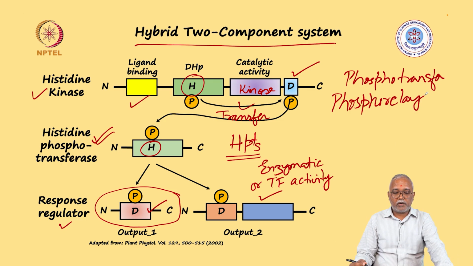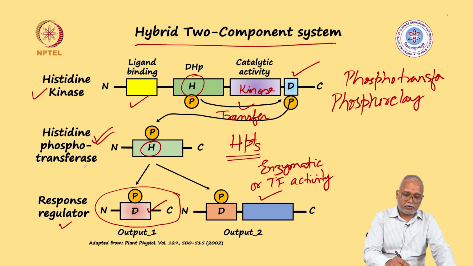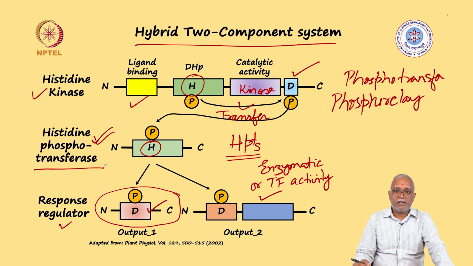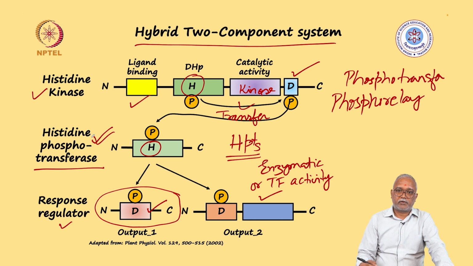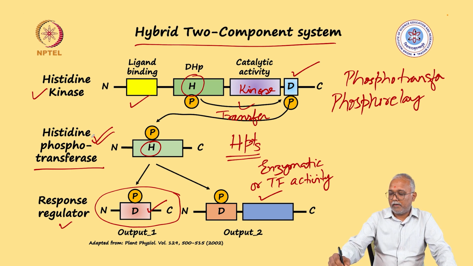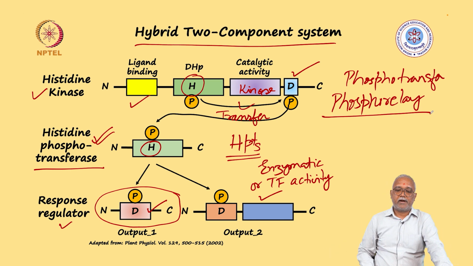So, your canonical two-component system will be identified by phosphotransfer and no requirement of a histidine phosphotransferase like molecule, and the hybrid two-component system, or if you say three-component system, will require the use of the histidine phosphotransferase like molecule, and there the phosphorelay kind of event happens.